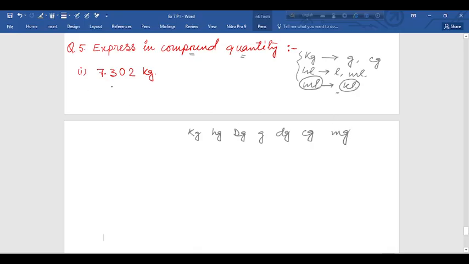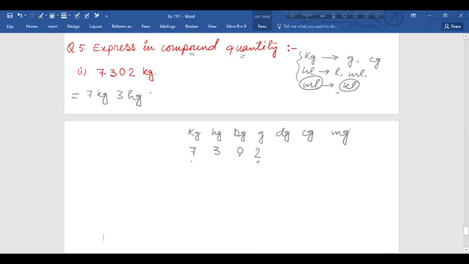Now put this 7 in the kg position and write down this number 302. Now the answer is 7 kg, 3 hectog, 0 decagram, so we don't have to mention this as it is 0.